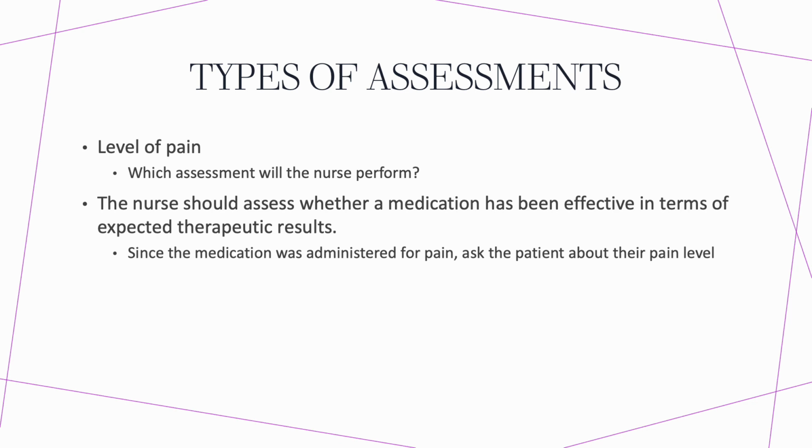So if this patient says, hey, I'm an 8 out of 10 right now, and I give them some morphine, and half an hour later I come back and ask how they're feeling, and they say, 2 out of 10, I'm like, yeah, therapeutic effect met.